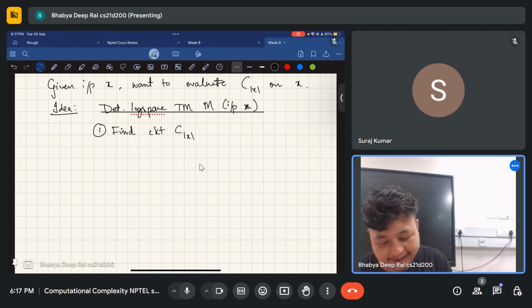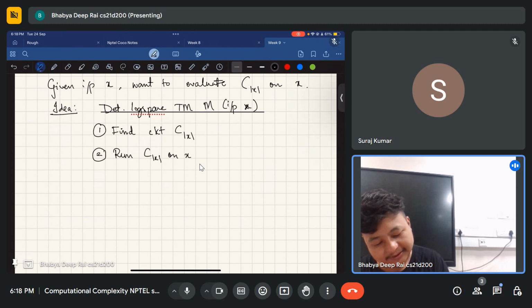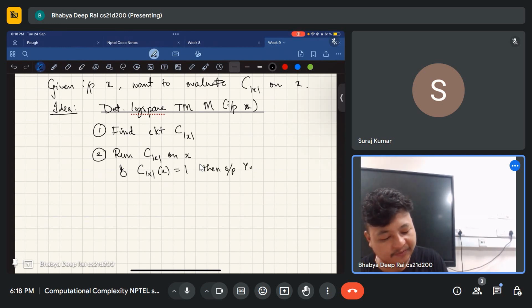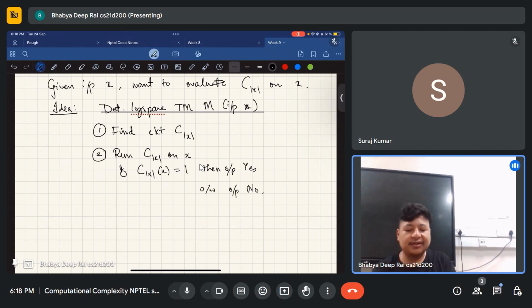And the next step, I run CX on X. If CX on X equals 1, then output yes, otherwise output no. This is the logic.